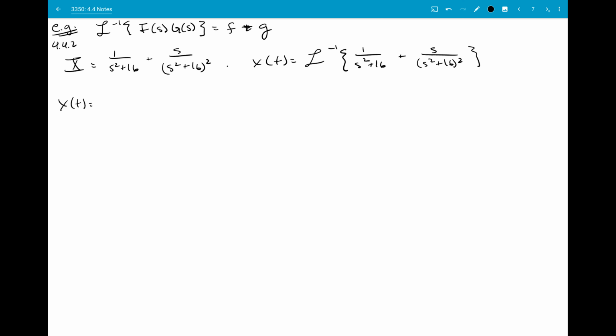And so with linearity, and noting that, oh shoot, I turned off the screen again. Noting that L inverse of 1 over s squared plus 16, we follow the same process as before, and we know that that's just 1/4 sine 4t.